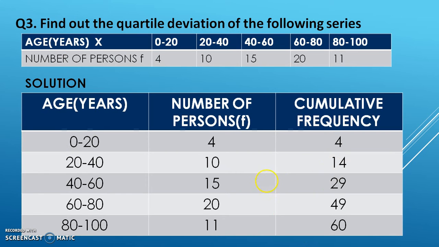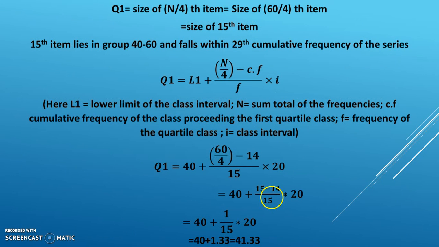Next sum is from continuous series, frequency distribution. Here class interval is given and number of persons, that is frequency. So first step is same. We have to find out cumulative frequency. Cumulative frequency: 4 plus 10 is 14, 14 plus 15 is 29, 29 plus 20 is 49, 49 plus 11 is 60. Now we'll find out Q1.